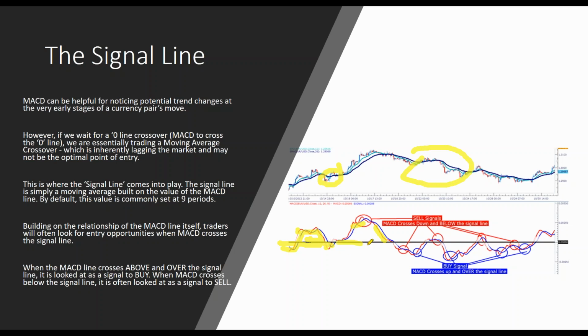And whether it's above or below the zero, we know which line crossed the other. So we then add another line that comes into play, which is this blue line, a 9-period moving average of the red MACD line.